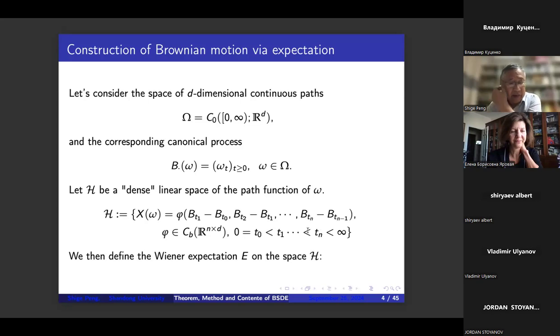We then define the Wiener expectation E on this space of random variables H.